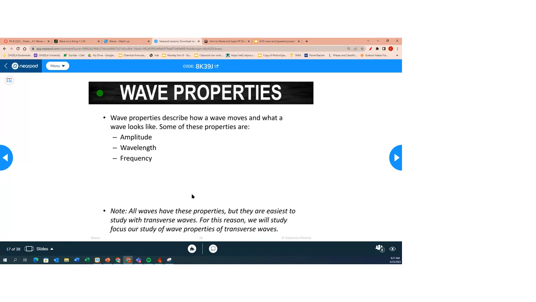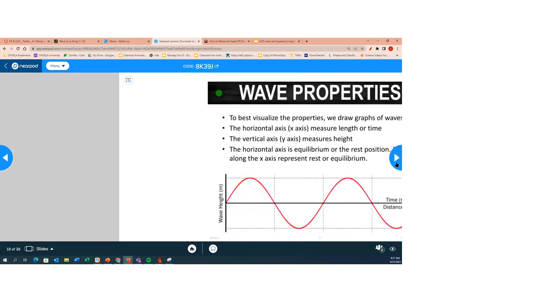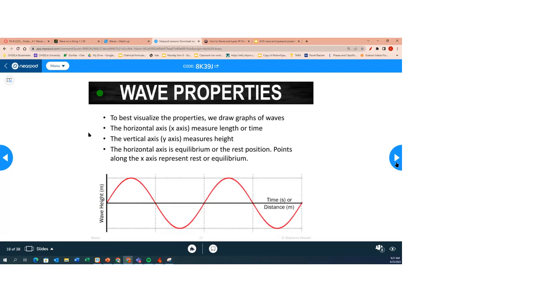Yep. Okay. So let's take a look at this. So here are the wave properties. This is a transverse wave. And a lot of times if we're making drawings of it, the best visualization is to draw a graph.